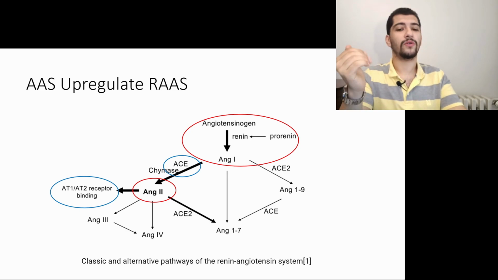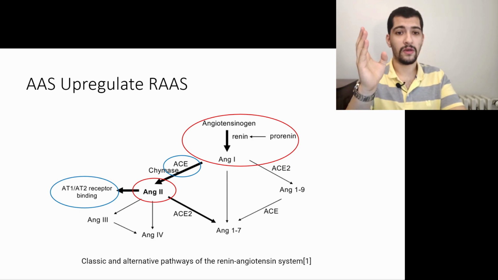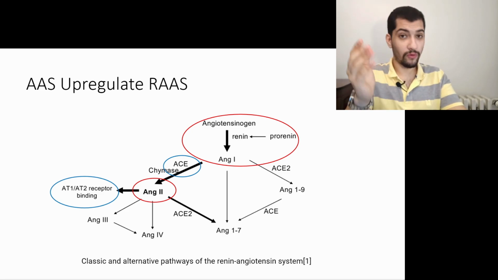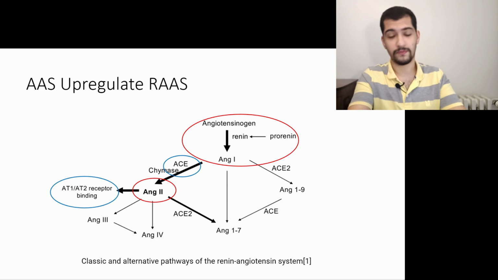And angiotensin 1 gets converted by ACE, which is the classical scheme that explains the hypertension and angiotensin 2 system. The primary converter of angiotensin 1 to angiotensin 2 is ACE, angiotensin converting enzyme.